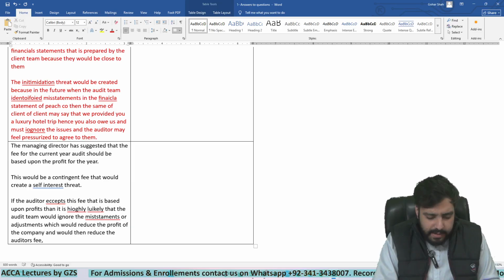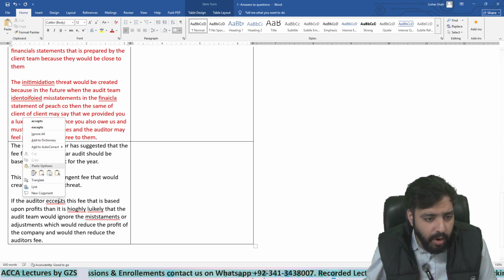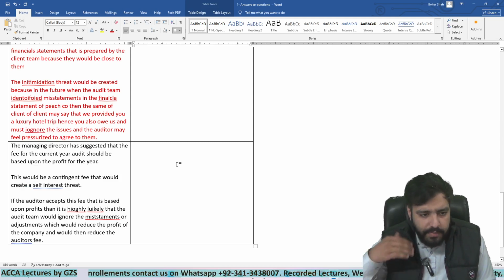Now, this is the reason why the above threat will be created, and this has been explained in our own words properly. Don't worry, I'll clear out the spelling mistakes after we are done with this question.